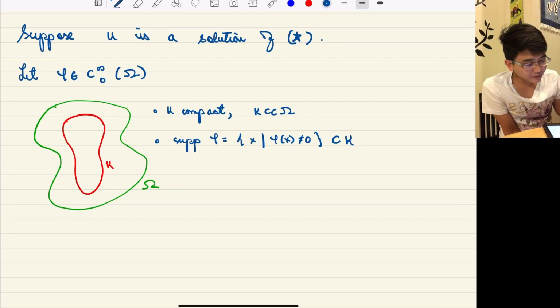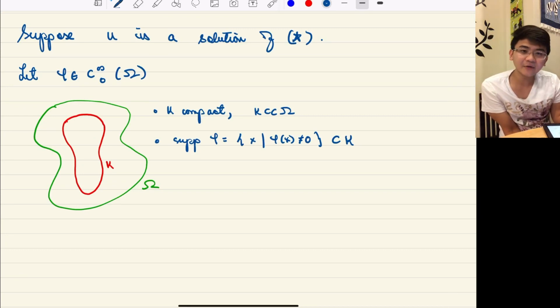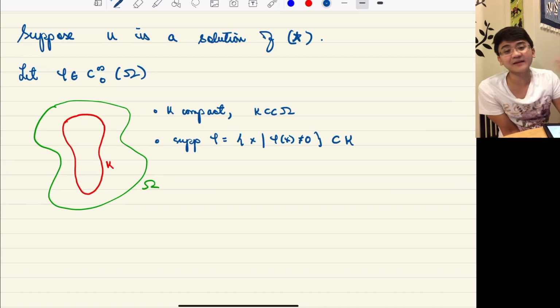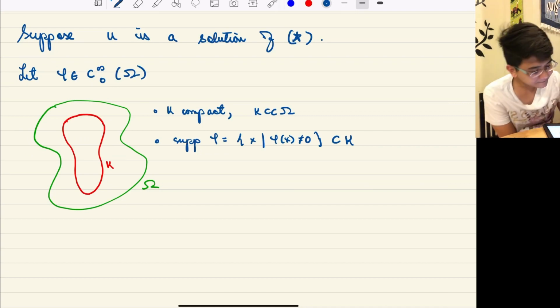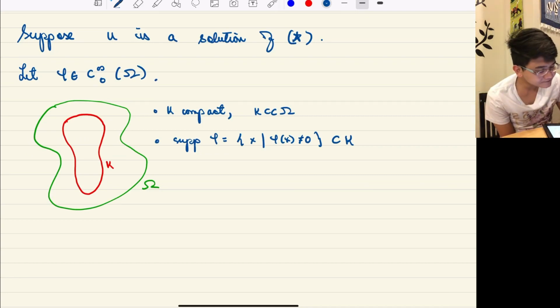Okay? So that is what we mean when we say that we set phi to be something in C infinity 0. It's infinitely differentiable, and the set of points for which it is not 0 is contained in some compact set contained in omega. Okay. So we let phi be that function.